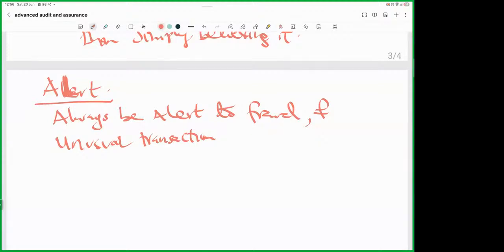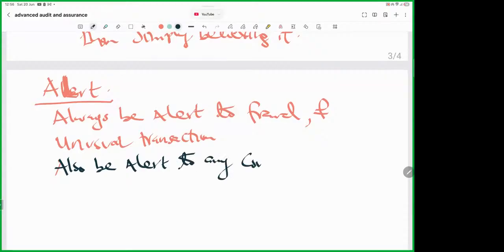And then, of course, we shall also be quite alert to any contradictions. For example, here, the management says no employees were hired. That's management.